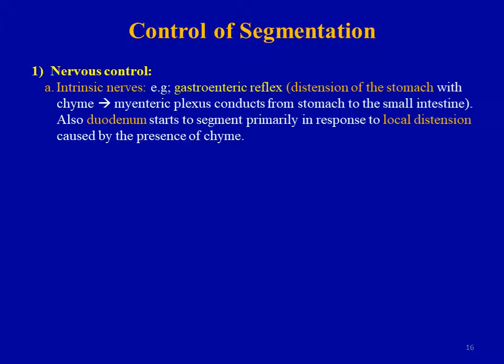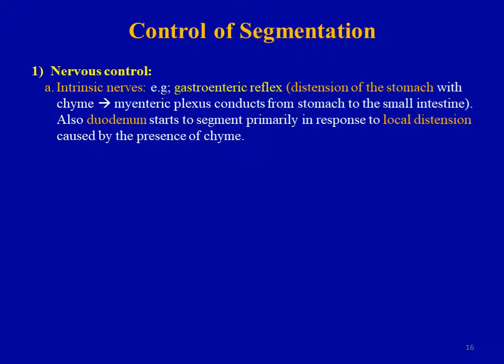So segmentation has neural control, in the form of intrinsic nerves. For example, the gastroenteric reflex. Distension of the stomach with chyme will stimulate the myenteric plexus to conduct from the stomach to the small intestine.